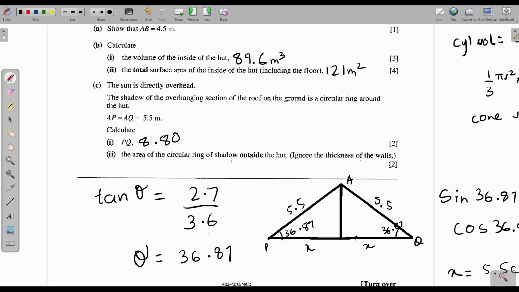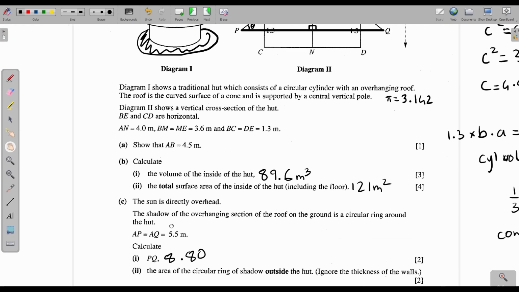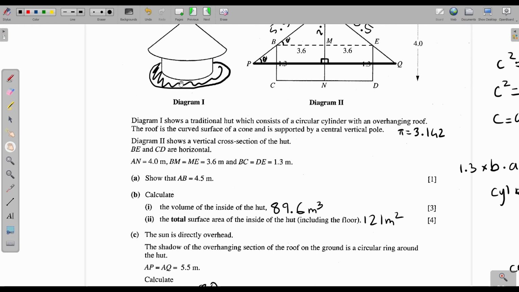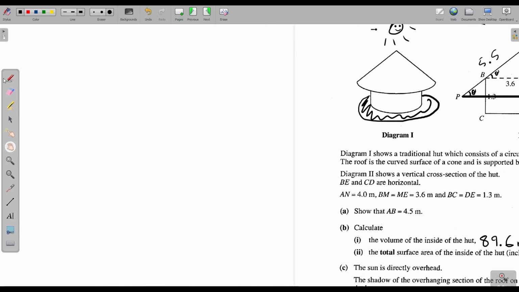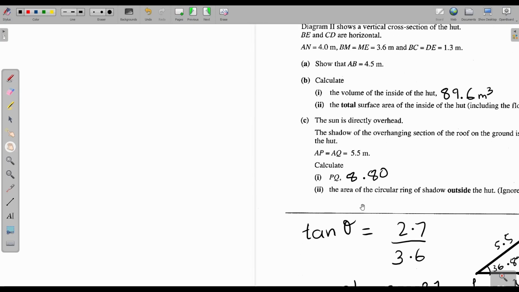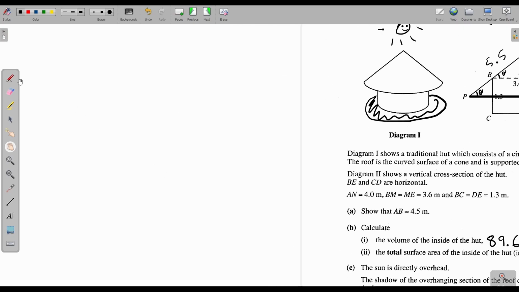They want the area of the circular ring of the shadow outside the hut, so they only want the area that is outside the hut. All that's going to be is the overall area of the shadow, including the hut, minus whatever's inside. We just figured out the diameter, which is PQ, so the radius would be half of that, which is 4.4.